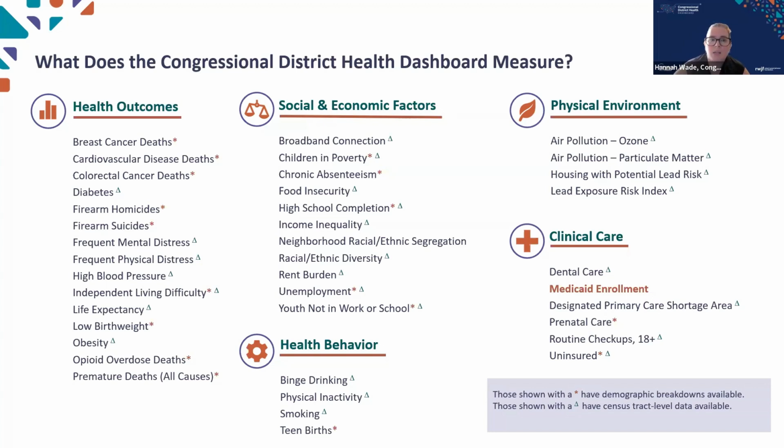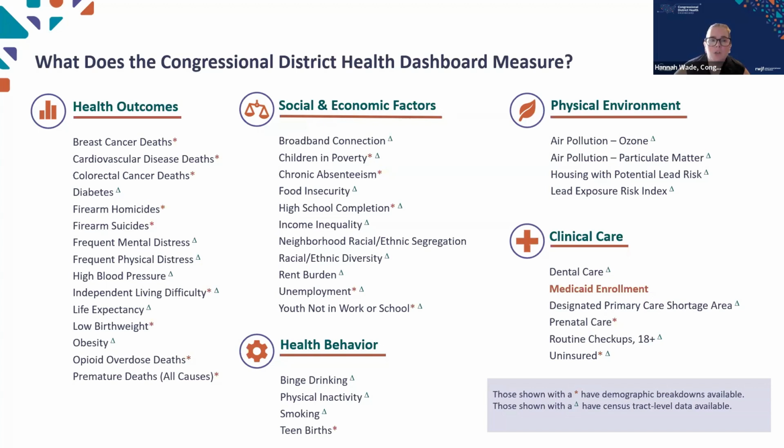You'll see broadband connection, children in poverty, some education measures, unemployment. For health behavior, we have several measures like binge drinking and physical inactivity. The 4th domain, physical environment, includes air pollution and some lead-related measures. And then finally, under clinical care, we have several measures that include insurance as well as access to care.